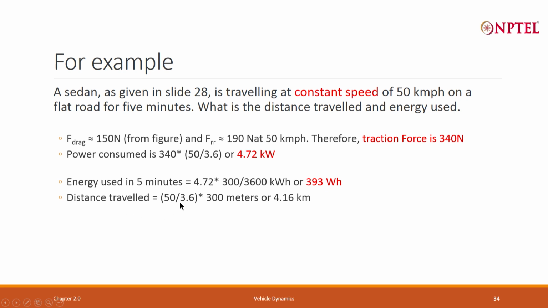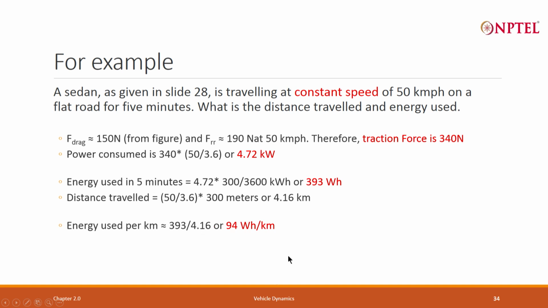What is the distance travelled? Well, 50 kilometer per hour divided by 3.6 gives meters per second, multiplied by 300 seconds. That gives me about 4.16 kilometers. So, what is the energy used per kilometer? I am consuming 393 watt hour for about 4.16 kilometers.